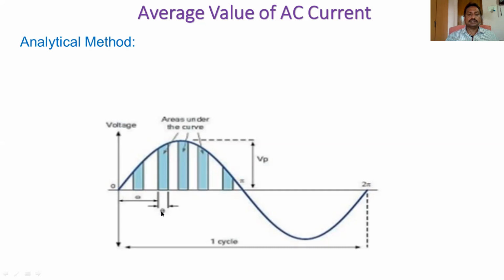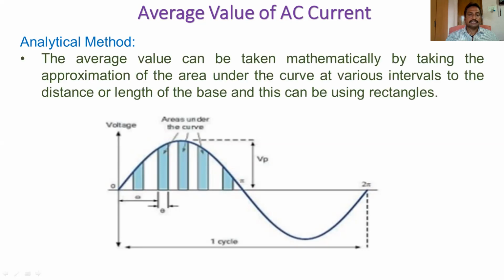Take a small portion and integrate it, and we will get the total area of this half cycle of the alternating quantity. Therefore, the average value can be taken mathematically as the area under the curve divided by the length of the base, and this can be done using a rectangle. So this is one rectangle.